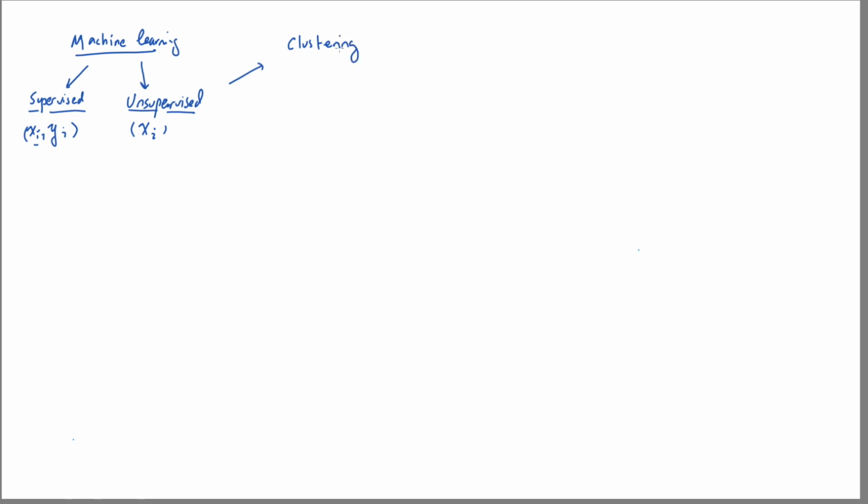So for example, you see a bunch of data points. This is obviously a very trivial example here. I see data points like this, and you're basically asked to find some kind of structure in the data.